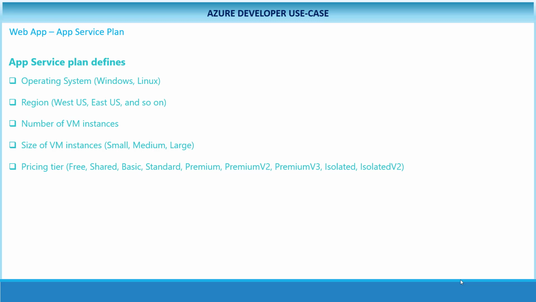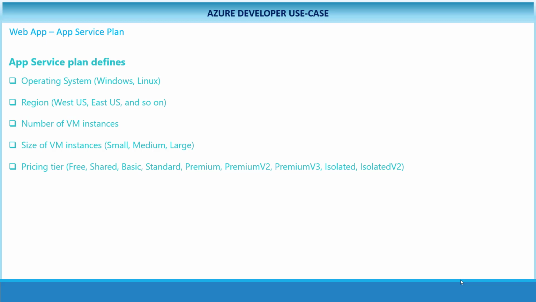That means for these nodes or these VMs, what is the size of these VMs, whether it's small, medium or large. And for most of the Azure services, there is some pricing tier attached with it. We have to select a pricing tier, whether our app service is free.